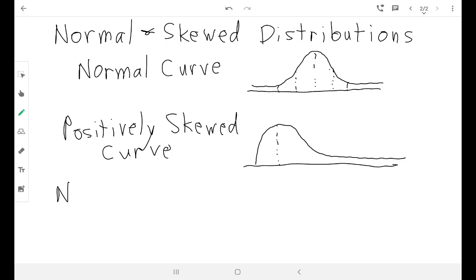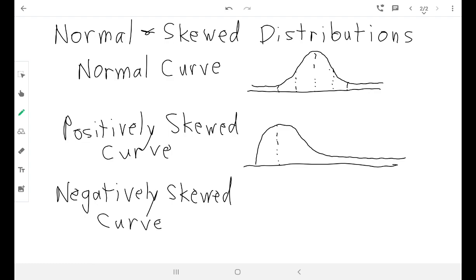A negatively skewed curve looks like this. It's the opposite of a positively skewed curve, of course. Why wouldn't it be?